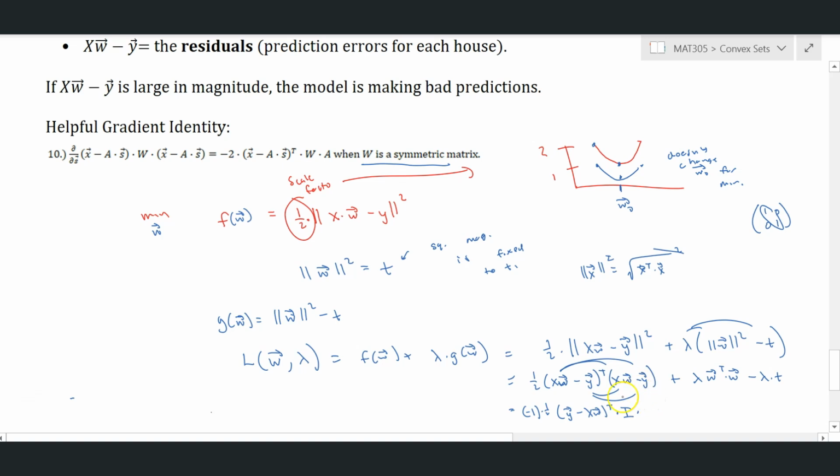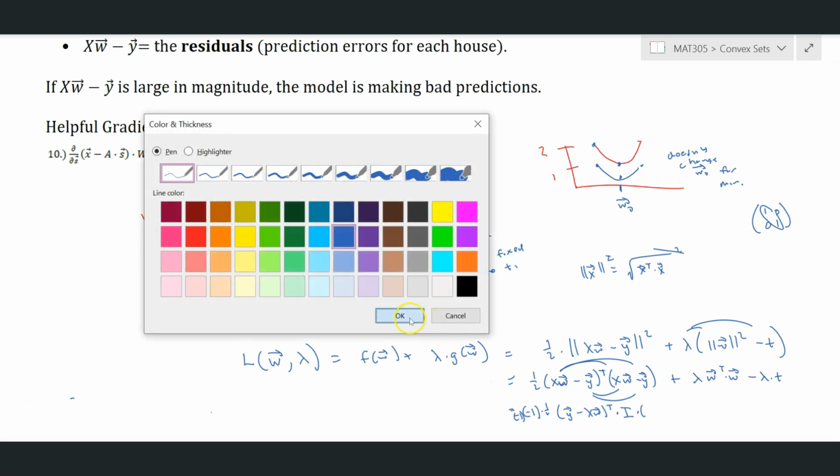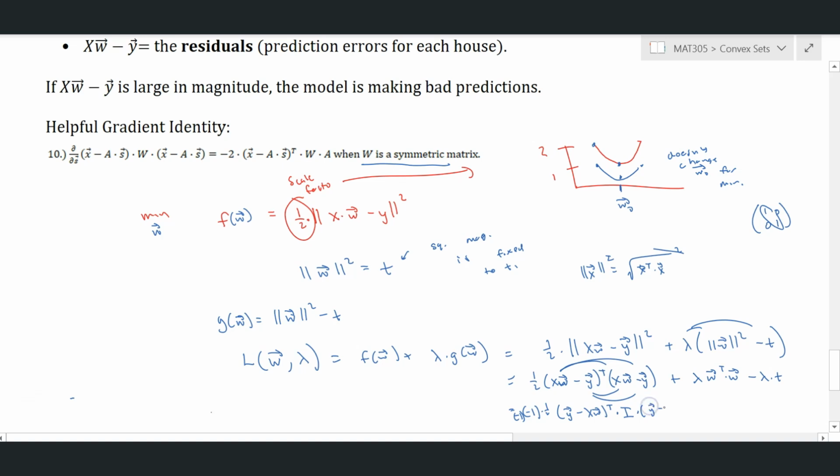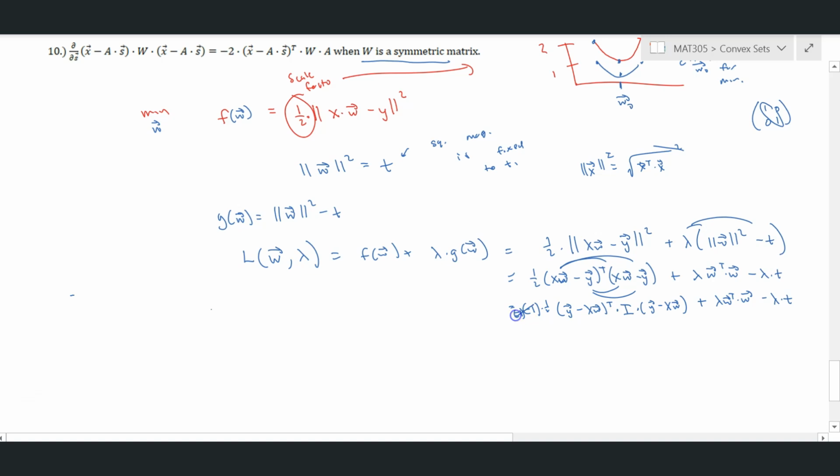Multiplied by, and then again I'll factor out a negative 1 from this expression, y minus Xw, plus lambda w transpose w minus lambda times t. Now you see that the negatives cancel out, and you're just left with the 1/2.